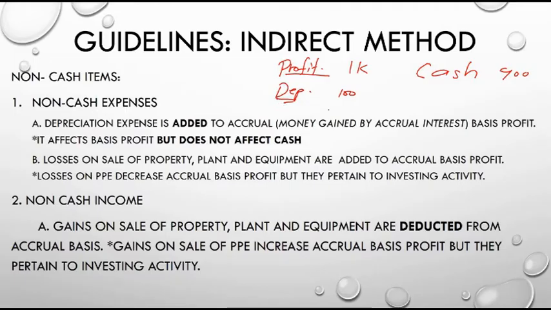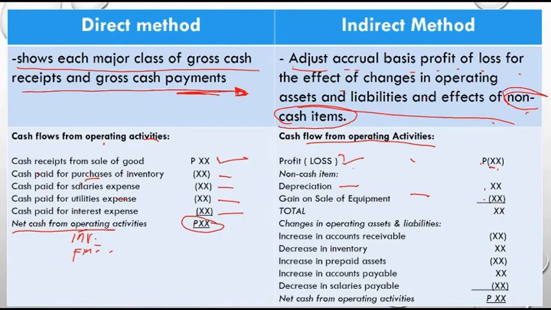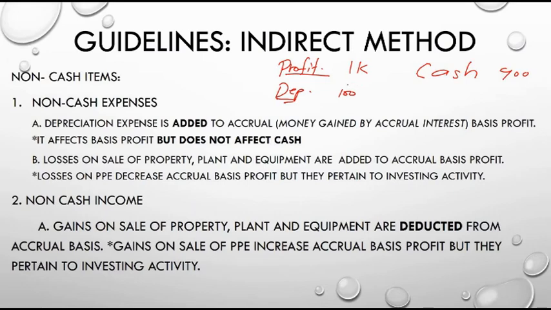Tapos, guys, sa presentation kanina ito, non-cash item, na depreciation, kaya mo siya ina-add, kasi, part pa rin siya ng profit at ng cash, pero, ina-allocate mo lang siya kay depreciation. Kaya natin siya ina-add. Next, a loss on sale of property, plant, and equipment are added to accrual basis profit.